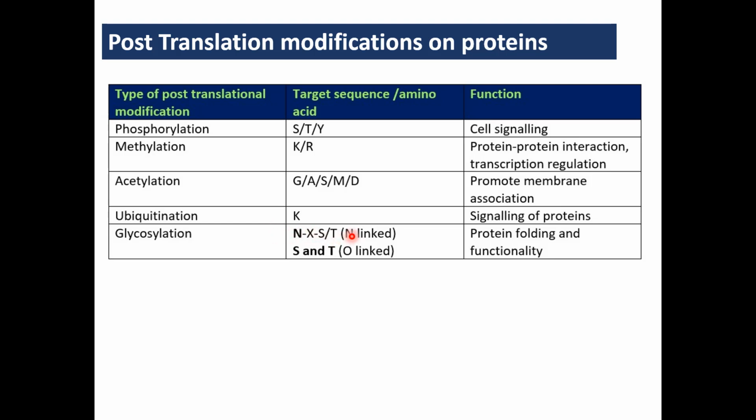N-linked happens mainly on the amino acid asparagine, and it has the sequence N, X, and S. X can be any amino acid, and it has to be followed by S or T, that is serine and threonine. And O-linked glycosylation happens on serine and threonine, and these help in the protein function, protein folding as well as functionality. It gives various different kinds of function to the protein.